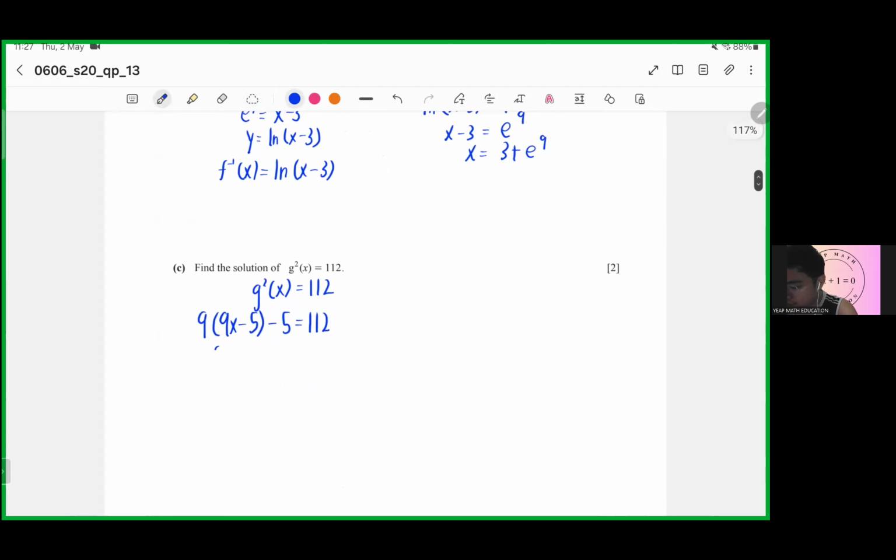Now we just expand: 81x minus 45 and then minus 5 equals 112. 81x minus 15 equals 112. 81x equals 162. And then we take 162 divided by 81. So we get x equals 2.